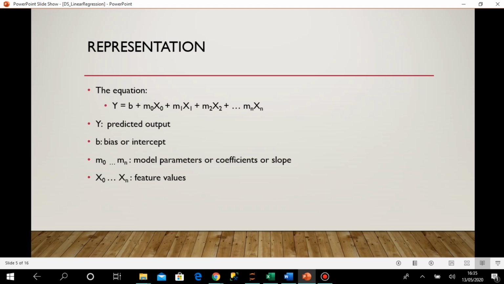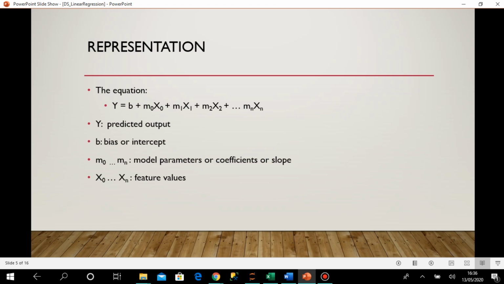Now the representation: how do we represent the predicted outcome in linear regression? It's very simple. Suppose x is a vector having n components, x0 to xn, and I have to predict some outcome based on all these features. Then I can write the equation as y equal to b plus m0 x0 plus m1 x1 and so on.